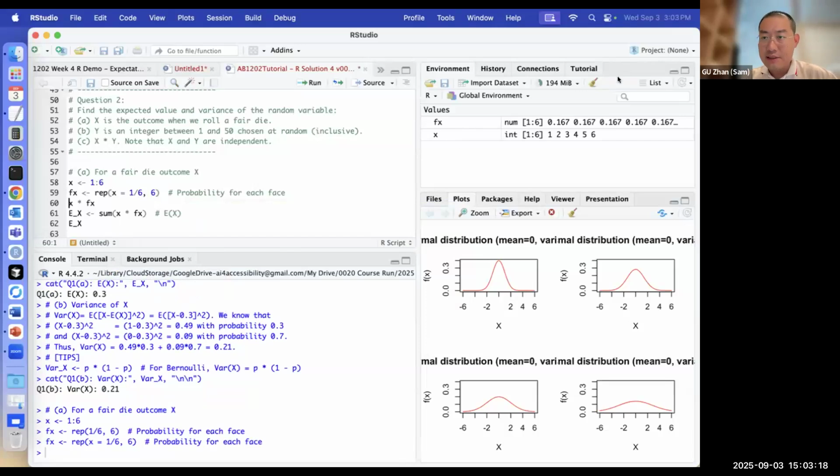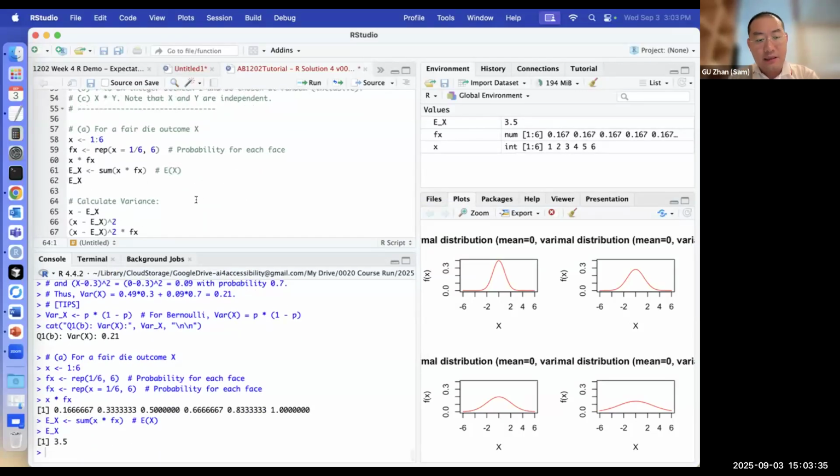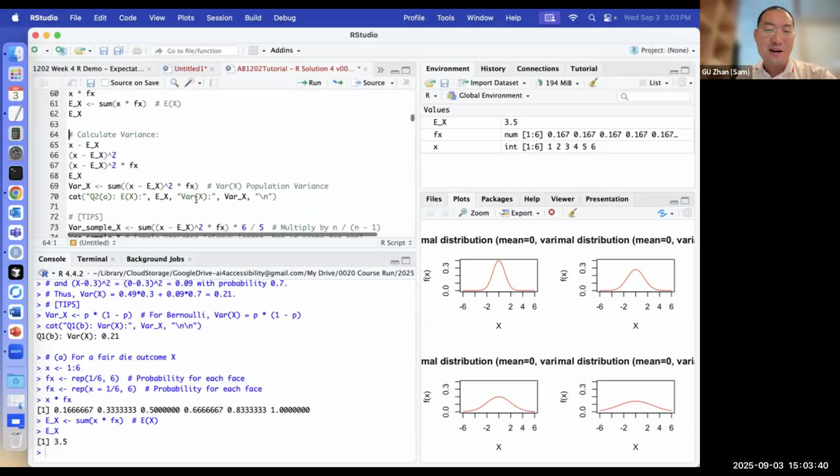So fx, you have 6 members, each of them is about 0.167, which is 1 over 6. Then X times fx is being shown here. So 1 times fx, 2 times fx, 3 times the probability. Then sum them together, you get the expected value, which is 3.5. So we're quite familiar with 3.5 now.